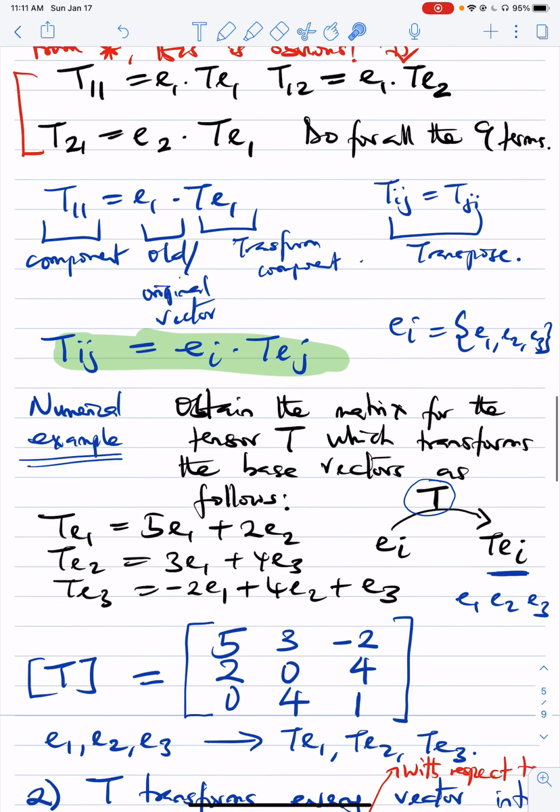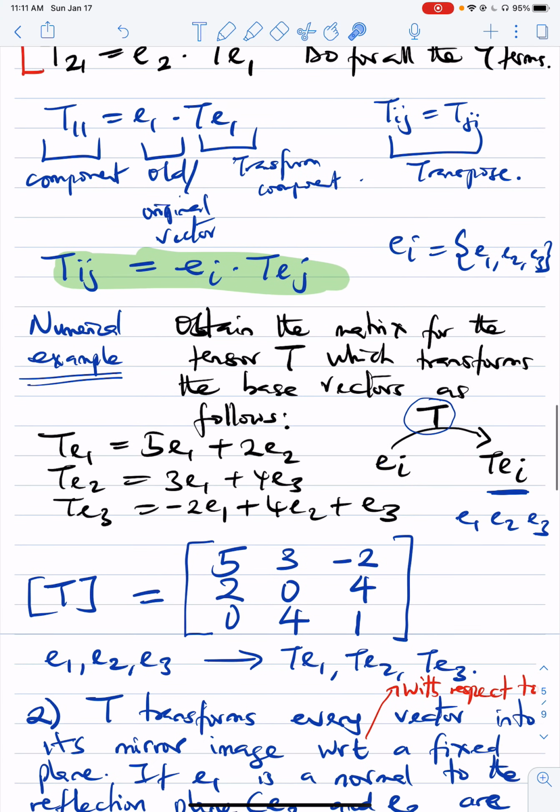Then I did some numerical examples just to show you that if you look at the transformed component, it's a combination of the old, maybe of one axis and another, E1 and E2, right? With this TE1, TE2, and TE3, we can find the transformation tensor itself that was able to change from E1 to TE2. That's how we found that.